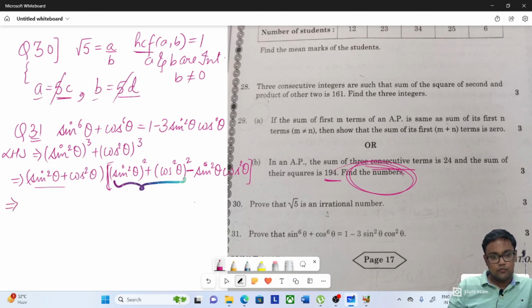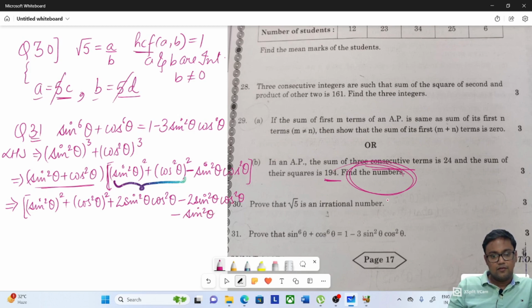So this will become 1. ये तो 1 हो जाएगा, मुझे नहीं लिखना चाहिए बार बार इसको. तो अब क्या होगा, यहाँ पर ये है sin square theta का स्क्वायर प्लस यहाँ पर ये है cos square theta का स्क्वायर. मैंने क्या बोला था, हम ऐड कर देंगे यहाँ पे 2 sin square theta cos square theta और सब्ट्रैक्ट कर देंगे 2 sin square theta cos square theta, और पीछे ऑलरेडी एक चल रहा है sin square theta cos square theta. तो these 3 terms in the sequence will give you the square of sin square theta plus cos square theta, right.